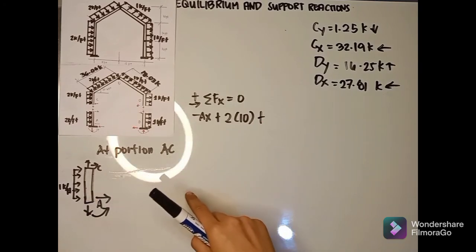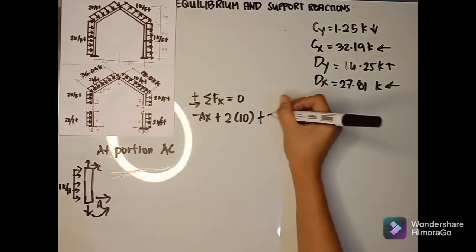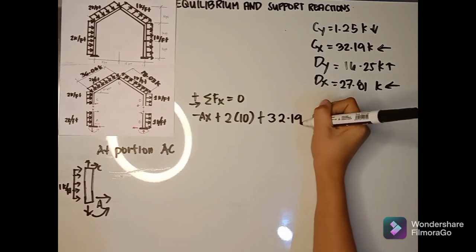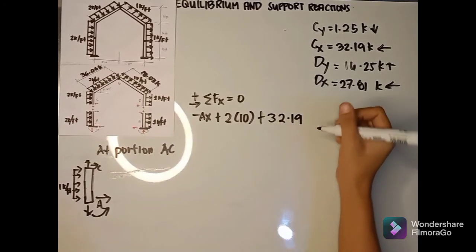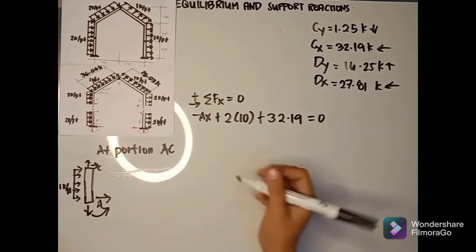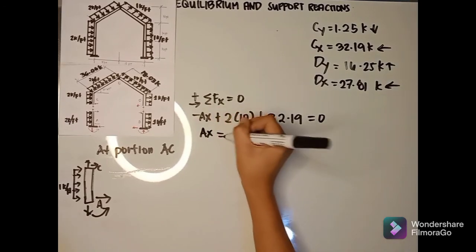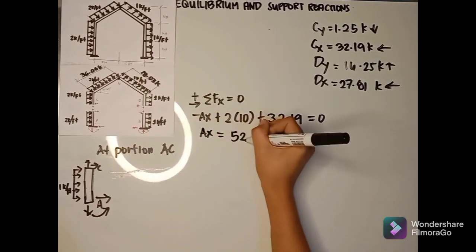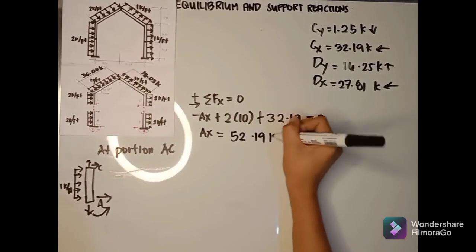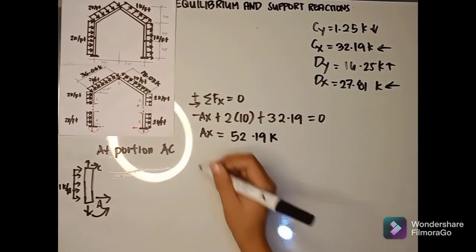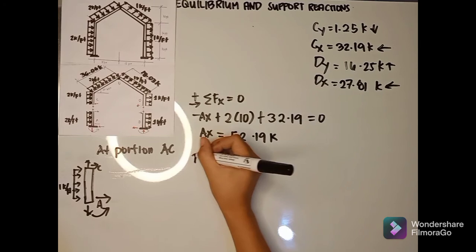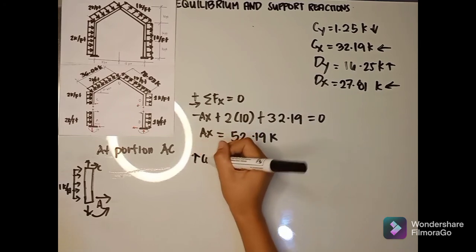Then, plus 32.19 yung sa CX is equals to 0. So, solving for AX is equals to 52.19 kips.